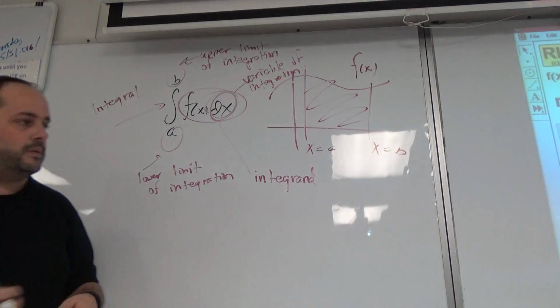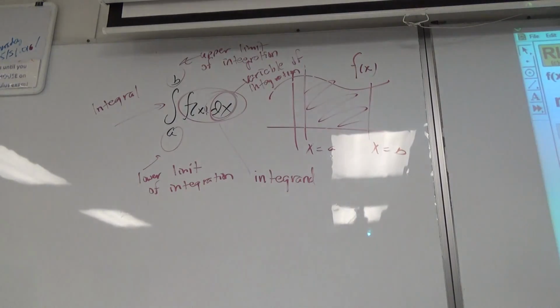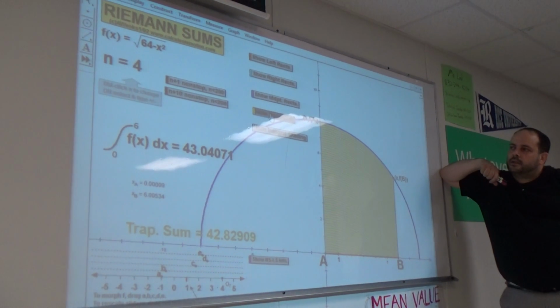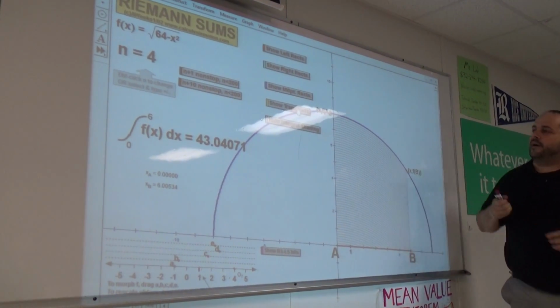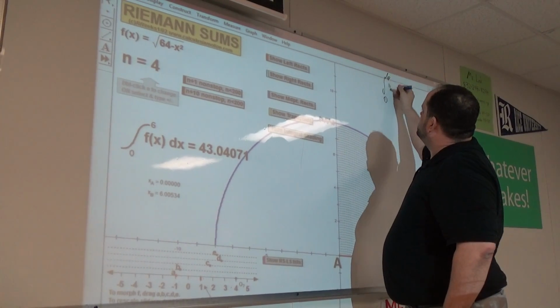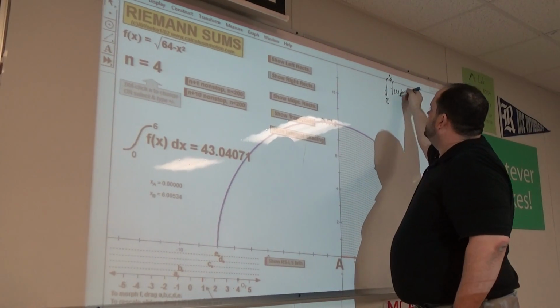Good. So let's go back to where we were yesterday. And somebody want to drive the computer? Okay. Oh, that's right, because I had you do it yesterday, but you just sat back there. All right, so click on the hide trapezoids. Okay, good. All right, so for this particular problem, the one that we looked at yesterday, I think we were going from 0 to 6 f of x dx, right?